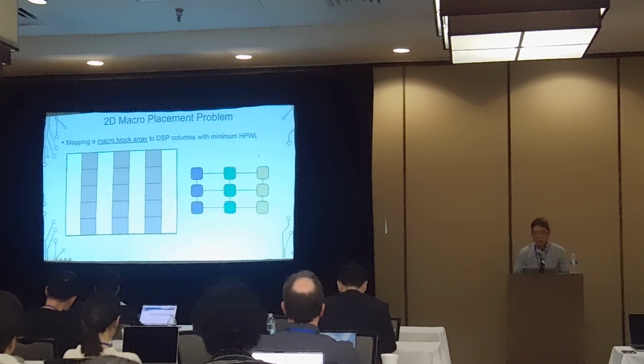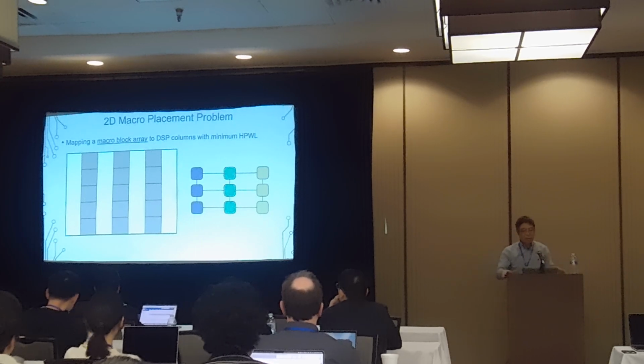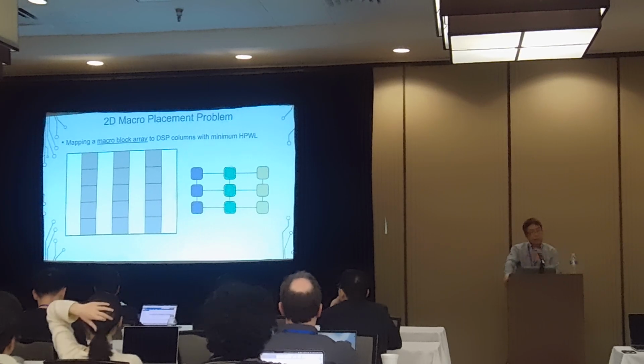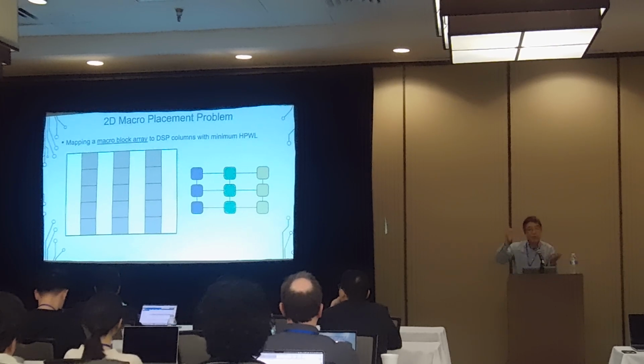Okay. And so then the problem is that, given one systolic array on the right, we need to place them onto DSP columns on the left. This figure is not a good one, and the reason is that the systolic array typically has a more squarish aspect ratio, so the number of rows and number of columns are similar, not too different in general.